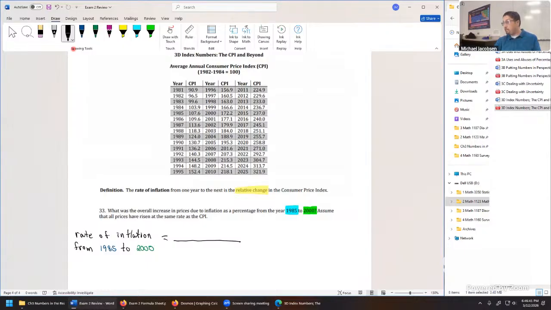We'll take the base year, the consumer price index at 1985, minus the consumer price index for the target year, that's year 2000, divide by the consumer price index.